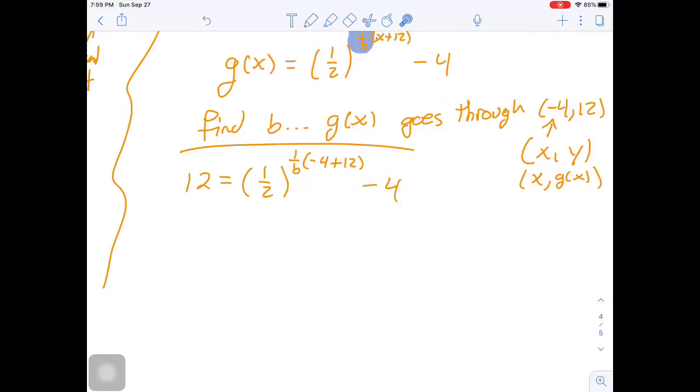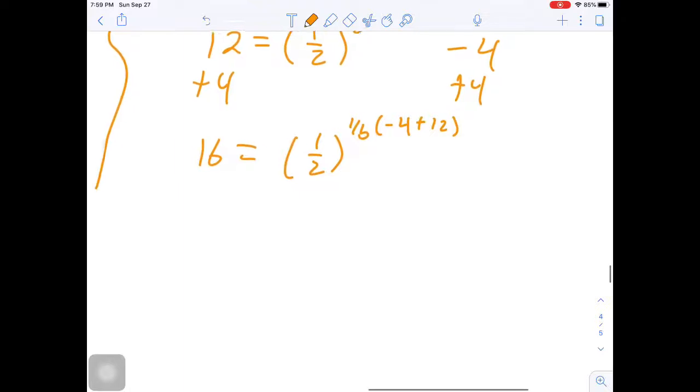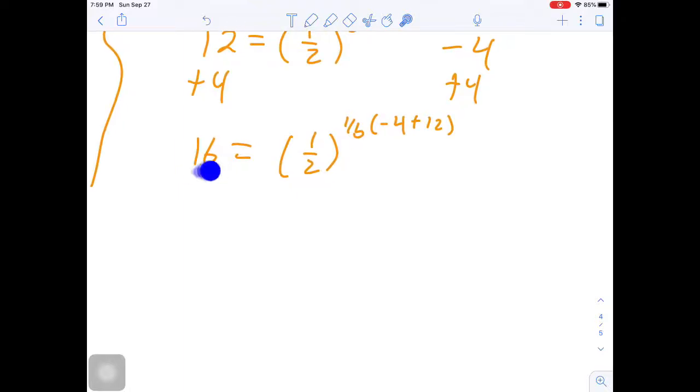So the first thing I'm going to do is add 4 to both sides. That gives me 16 equals 1 over 2 to the power of 1 over b times negative 4 plus 12. And then here, this is using a common base.